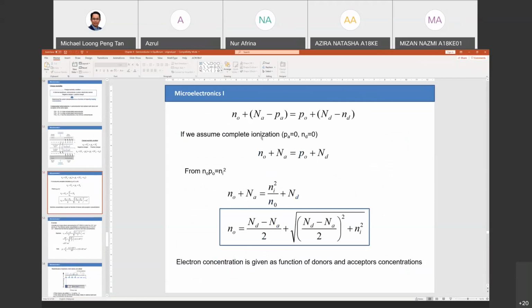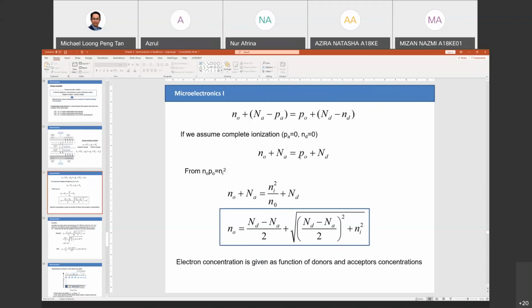When you assume complete ionization, what it means is that all is ionized. So in your donor there's no more charge, because you're all ionized already. Then you cancel, you show this equation: NO equals Na and PO equals Nd. And what we found out just now is NOPO equals Ni squared.